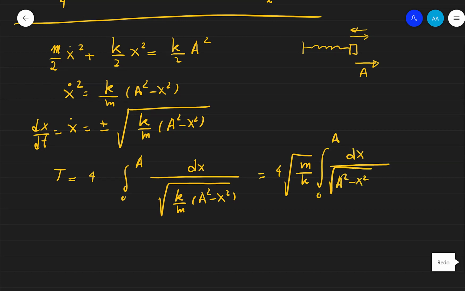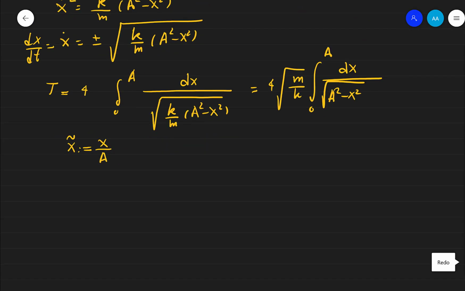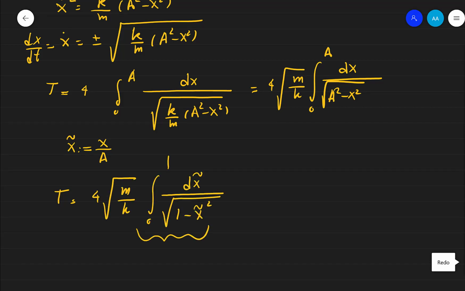We can non-dimensionalize this integral using this definition. Then T is equal to a dimensionless constant times the square root of m over k, so the period of oscillation doesn't depend on the amplitude for a harmonic oscillator. The direct calculation gives the constant of proportionality to be 2 pi.